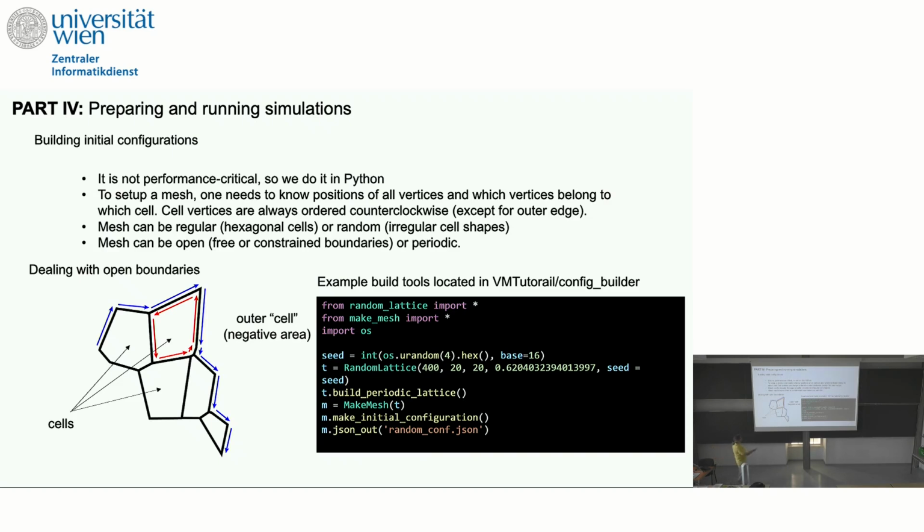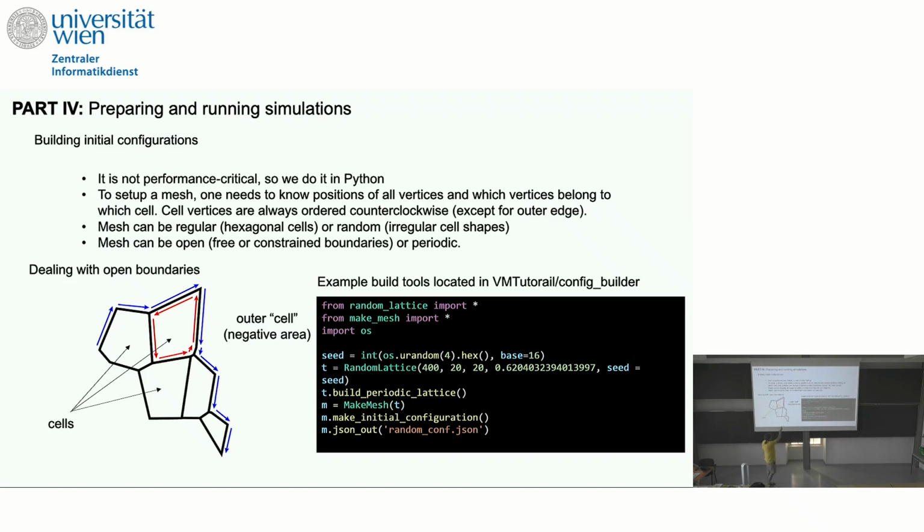The code, as written, allows both periodic boundary conditions and open boundary conditions. If you have open boundary conditions, the question is what to do at the boundaries. There are several ways to handle this. The approach I've chosen is to use the outer face, which is a ghost face.